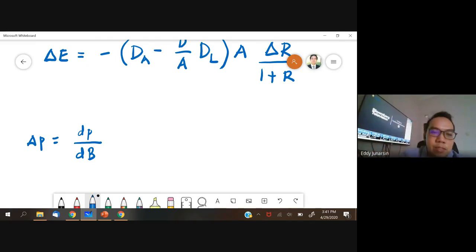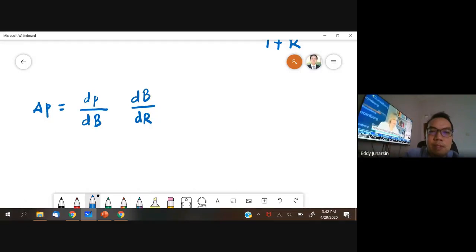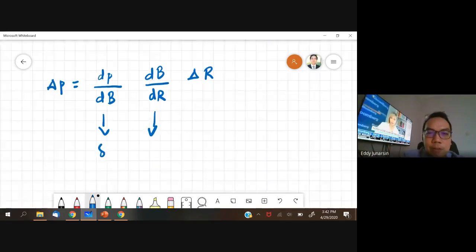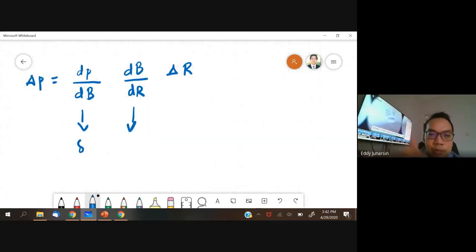If we multiply this by dB/dr, the change in the bond value with respect to the change in the market interest rate, once again this is called the delta of the option. I hope you are familiar with this after watching the interest rate risk video.